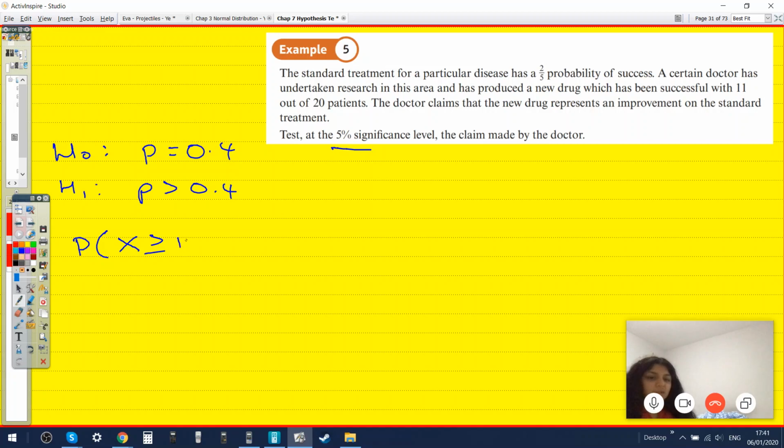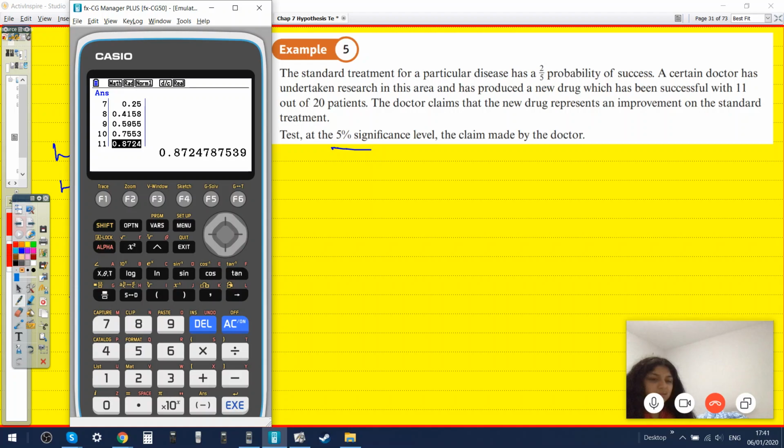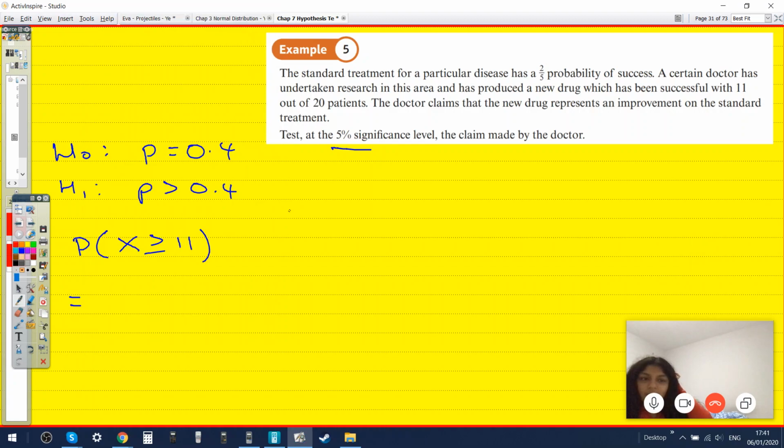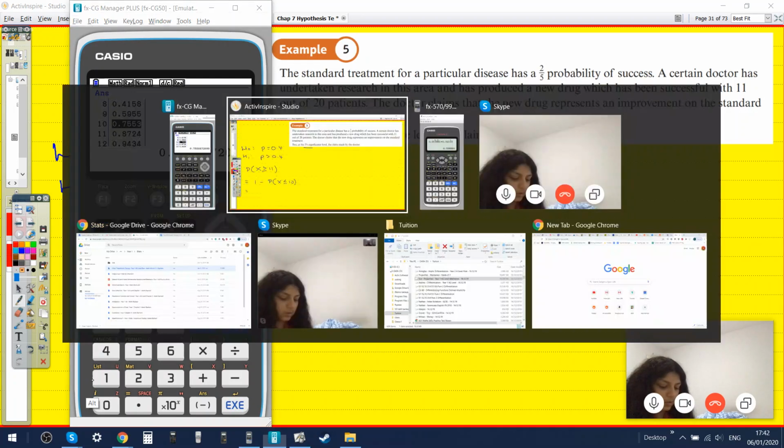So it would just be the value next to 11 on the calculator? It will be relatively close to 5%, which 87% and 94% are not. Because the calculator is like 1 minus, so it's actually x is less than 10. Yeah, so we have to do 1 minus the probability that x is less than or equal to 10. Okay, so 1 minus 0.872.